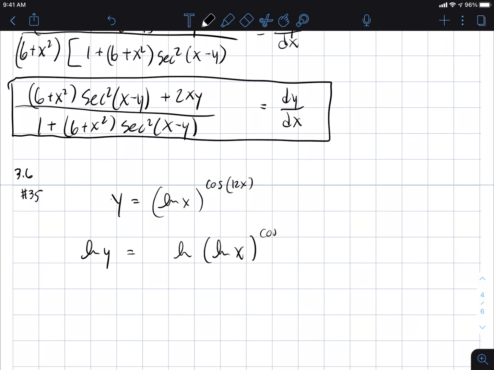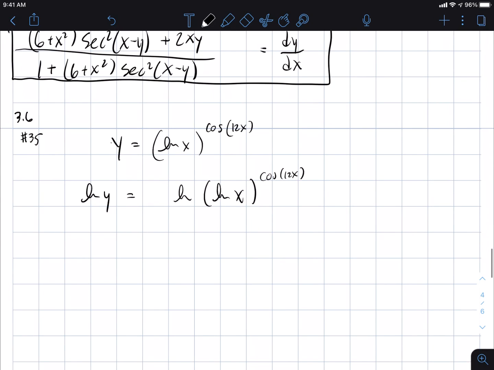I think I might just be able to go straight into it. I'll follow the pattern so I can drop it down. Okay, so then from here, I'm going to get ln of y is equal to cosine of 12x ln of x, correct?